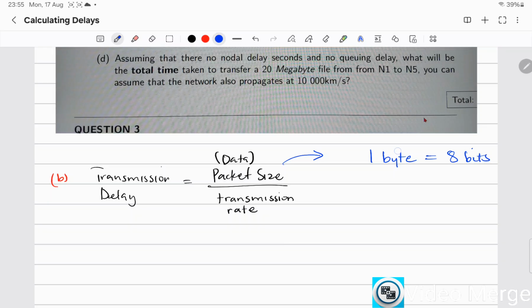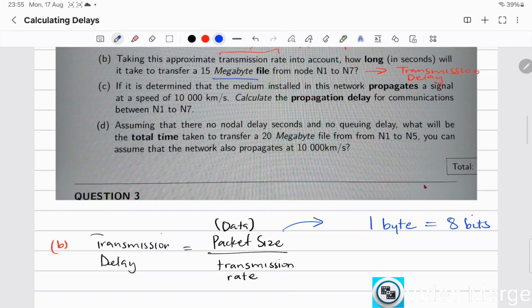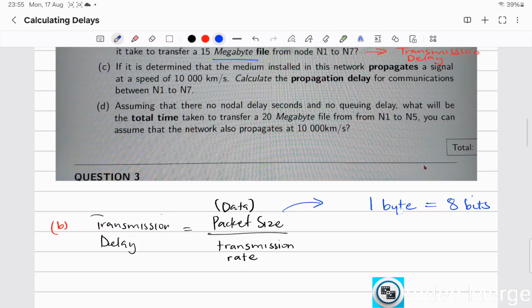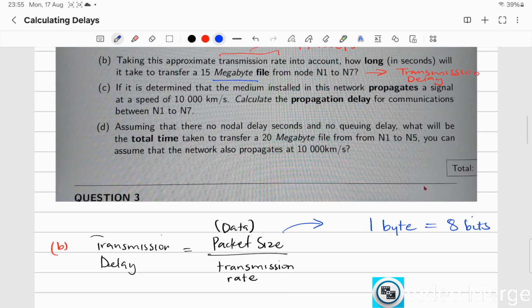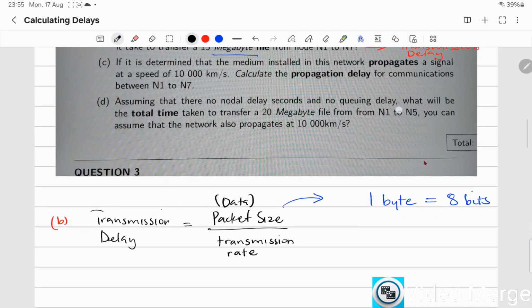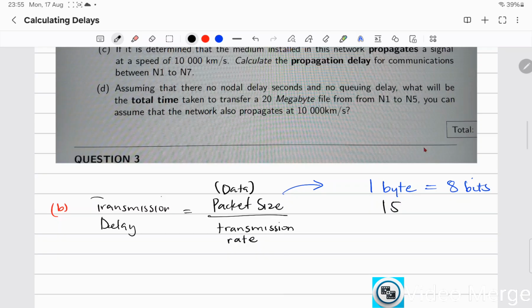And we need to convert this 15 megabyte to megabits, right? In order for you to convert, this is just going to be cross multiplication. We've got 15 megabyte here, and then this is the x that we're actually looking for.